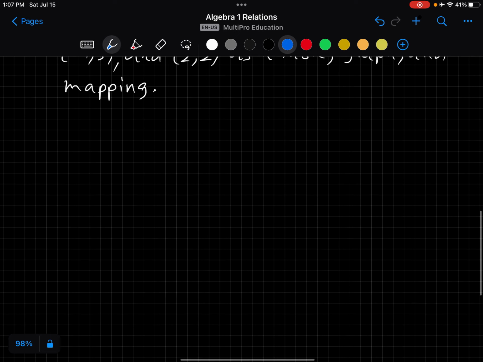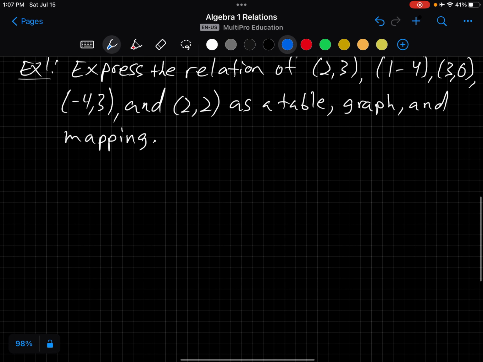Okay, so let's go ahead and look here at how this would look as a table. So we're going to do an X and a Y. Now we're going to list all the X's and Y's of each coordinate pair here.